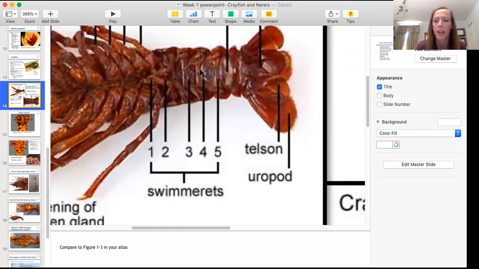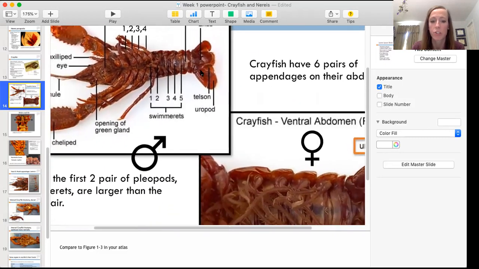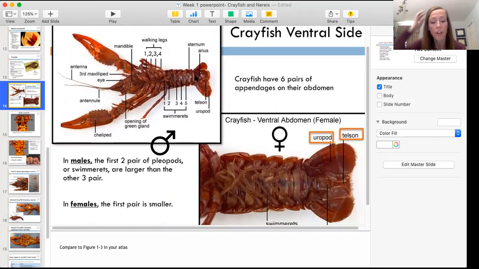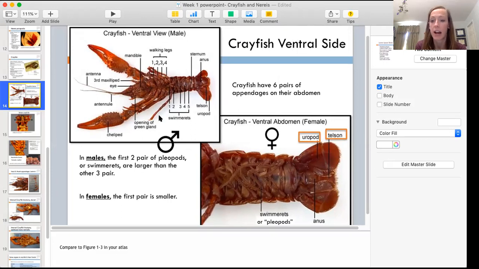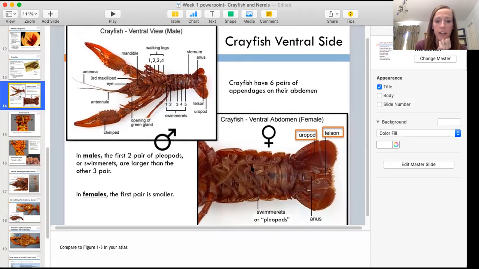So if you look at your crayfish, when we actually are able to do these dissections in lab, you'll see that there's a size difference in the pleopods or the swimmerettes between the male and the female. So you should be able to recognize just from that whether or not you have a male crayfish or a female crayfish.